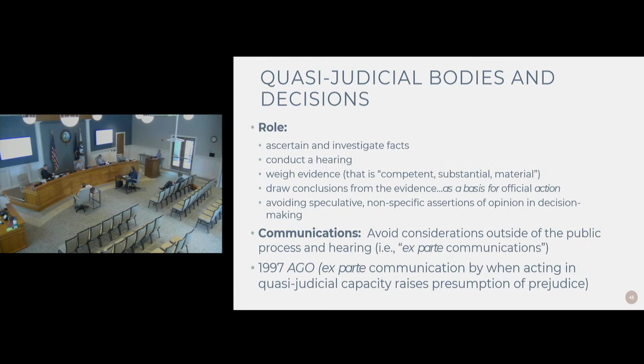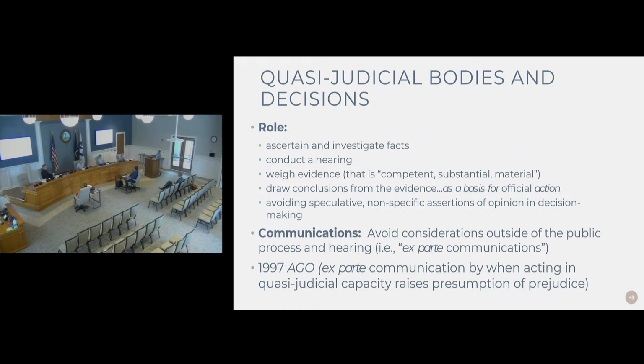Okay, so quasi-judicial bodies, their role is to ascertain and investigate facts. They're sitting almost like a court, an informal court, you might say. They're conducting a hearing. They're weighing the evidence that must be competent and substantial. They are then tasked with drawing conclusions from that evidence as a basis for their official action.